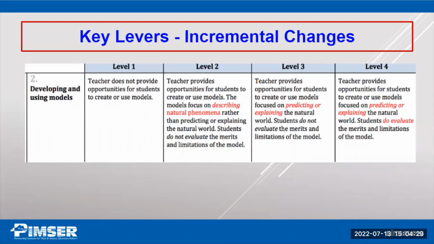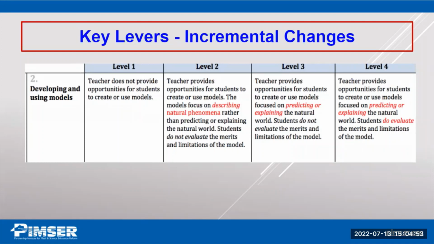At level 4, there are opportunities for students to create or use models focused on predicting and explaining the natural world, and those opportunities do include evaluating the merits and limitations of models. So in level 2, the opportunities to create or use models are there, but only descriptive models are the focus.